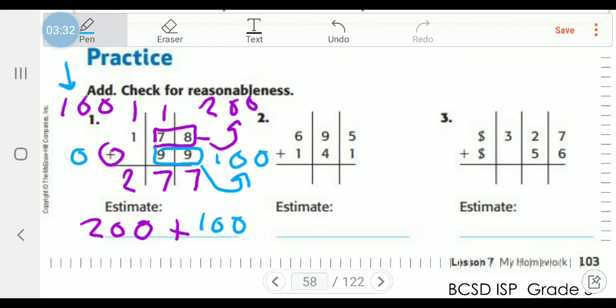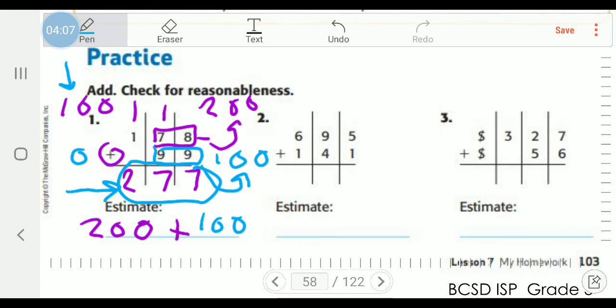If my estimate says that 200 plus 100 is 300, and my answer up here, 277, is close to 300, then my answer is reasonable. This is my answer, 277. I'm just using my rounding to determine if my answer is reasonable. And since 277 is close to 300, then yes, my answer is reasonable.